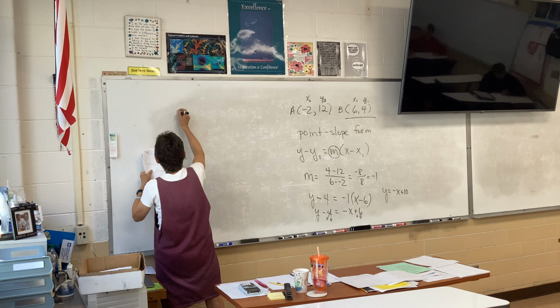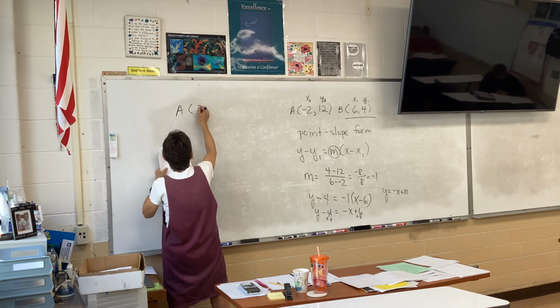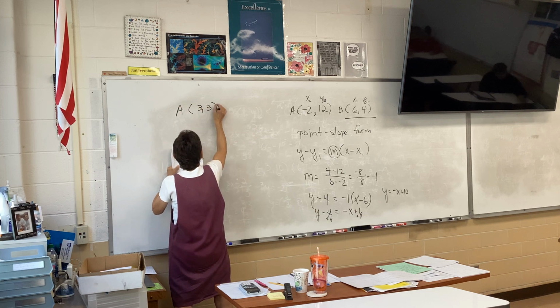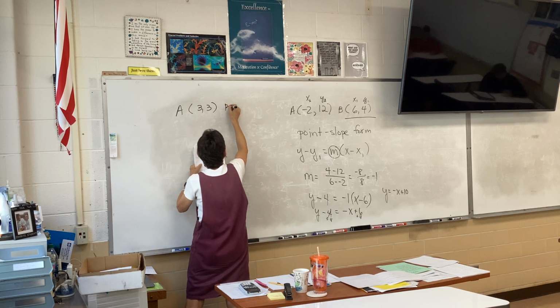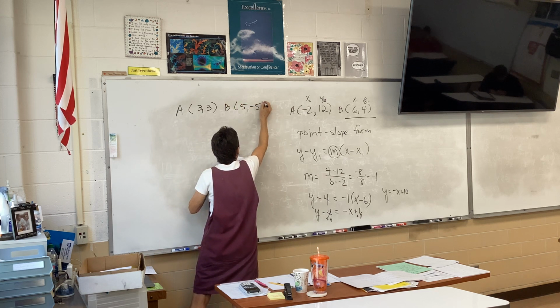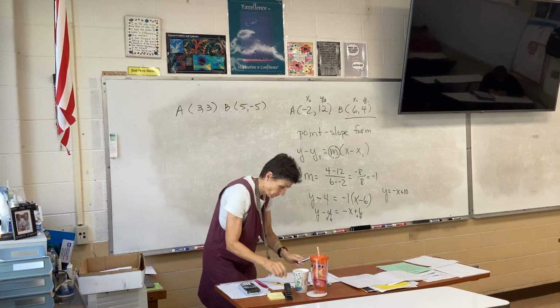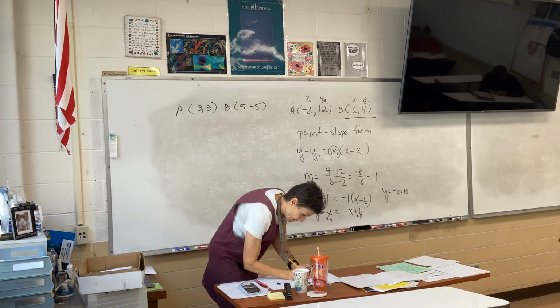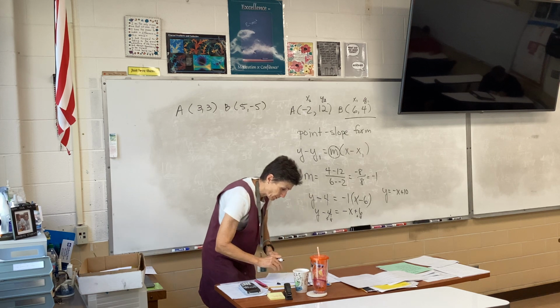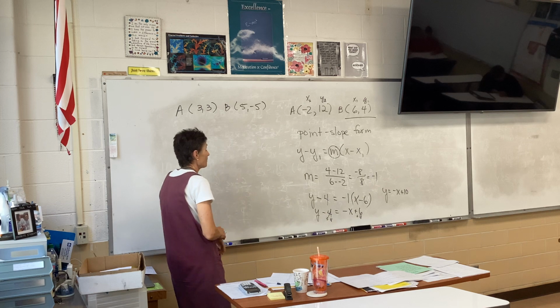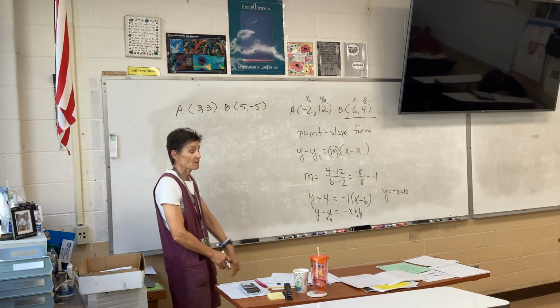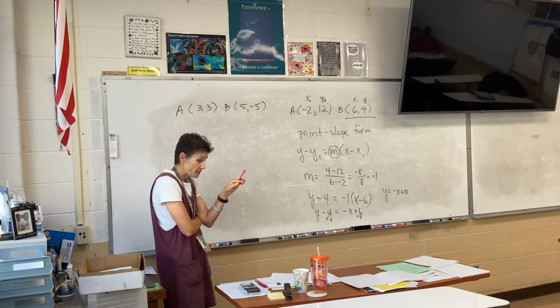Okay, so I'm gonna change our points. We're doing 3B, and sorry about this, but I want you to change your points to 3, 3, and 5, -5. Let's see how this works. 3, 3, and 5, -5, and we're gonna do exactly the same thing. So this is problem 3B.